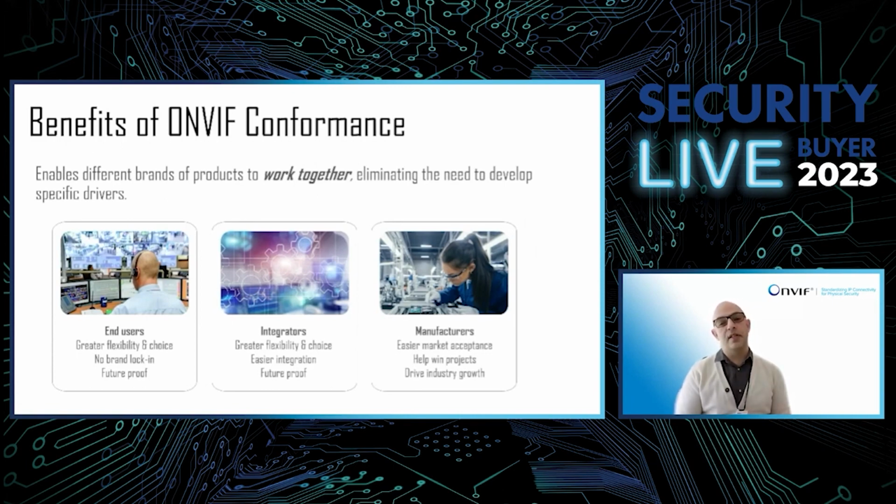ONVIF specifications are one of the topics for tender specifications, and it becomes more and more common that it's a mandatory requirement in the tenders. So being part of that community opens up markets for the vendors.